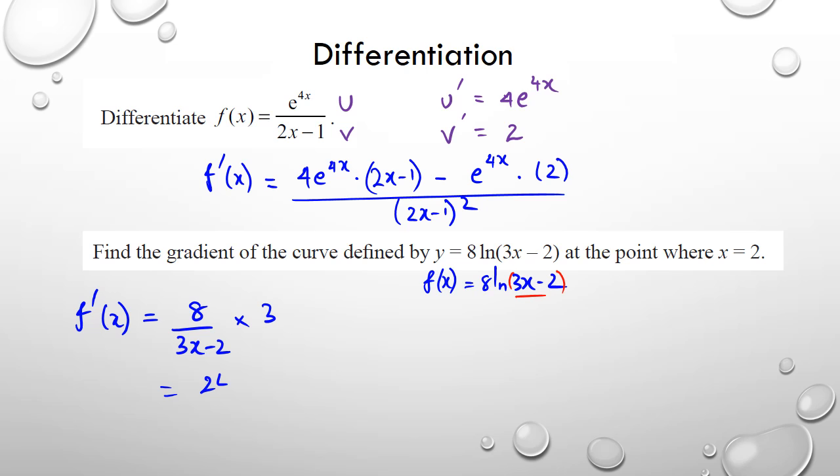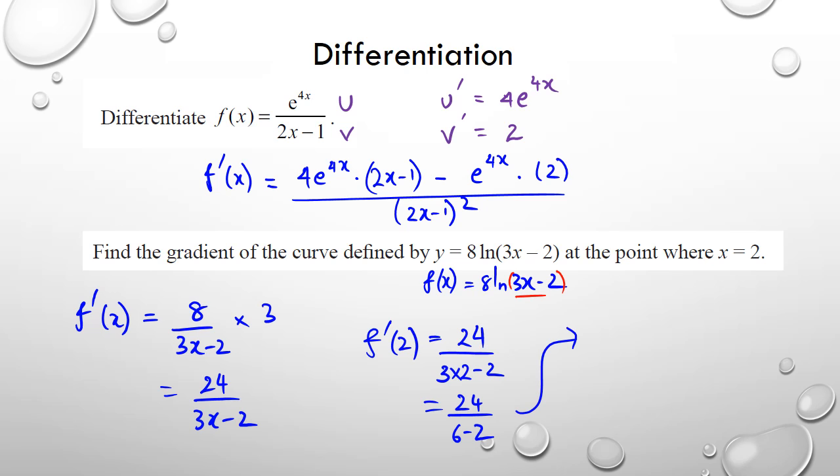And so we have 24 over 3x minus 2 as our gradient function. To find the gradient at x equals 2, we're trying to find f dash of 2. That's 24 divided by 3 times 2 minus 2. So we have 24 over 6 minus 2, 24 over 4, and the gradient is equal to 6.